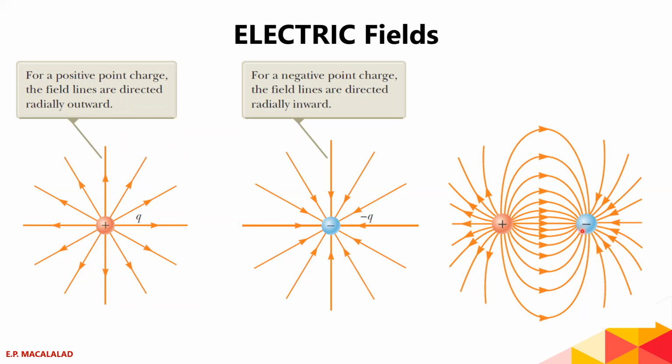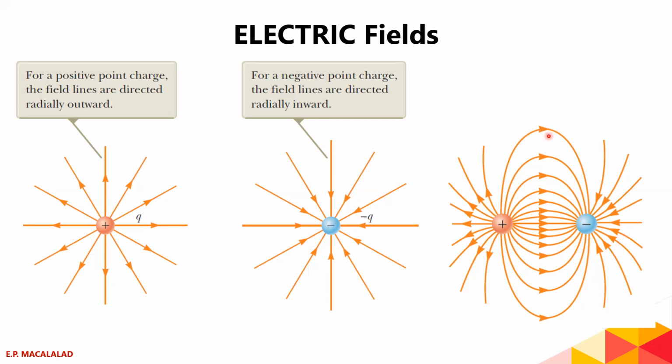Okay, just a few notes about the electric field. We call this configuration the electric field lines. These electric field lines tell us two things. Number one, the magnitude in that region, as well as the direction. So for example, this area has a weaker electric field because the field lines are less dense in terms of number of lines per area.